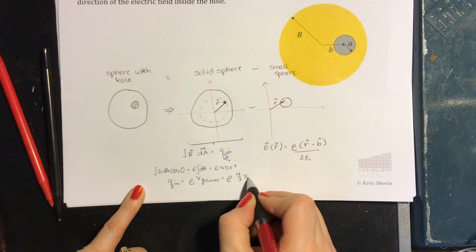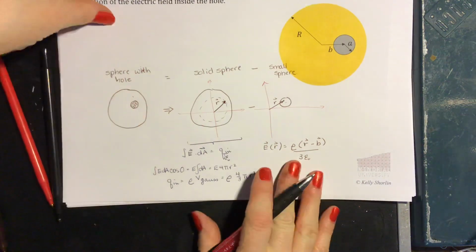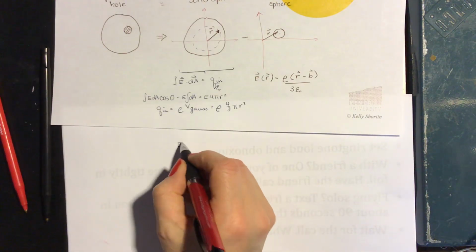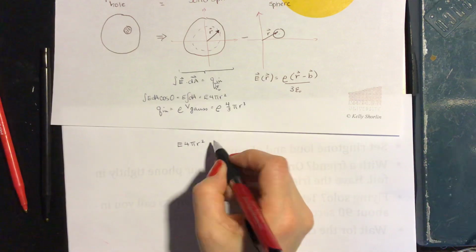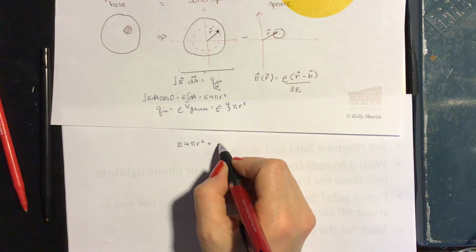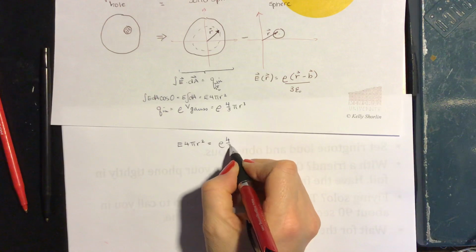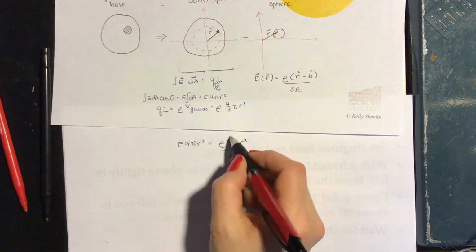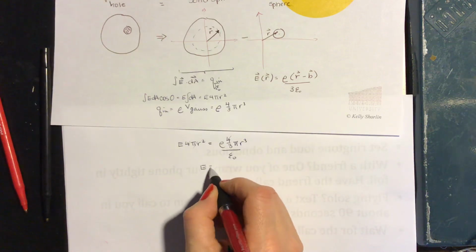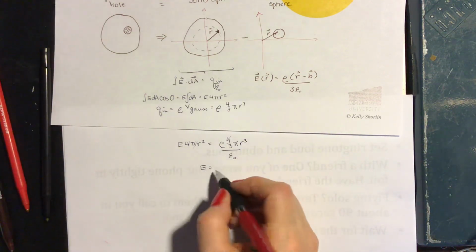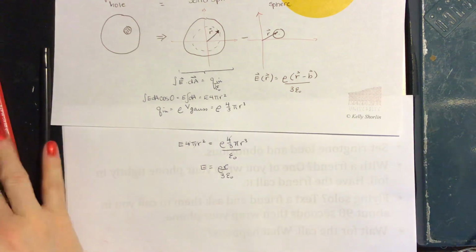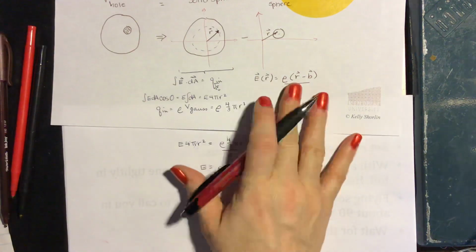Let's put those together and get the total electric field inside that solid sphere. So E times 4 pi r squared equals rho times 4/3 pi r cubed divided by epsilon naught. 4's and pi's cancel. E is equal to rho times r over 3 epsilon naught. Electric field is a vector with a direction. The direction of the electric field is radial.